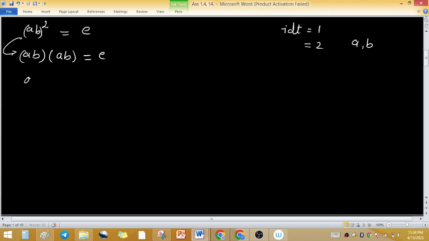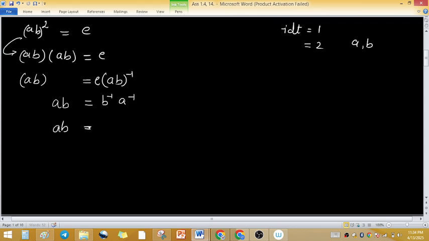Now, because B is an element, you can post multiply by B inverse, then by A inverse. After post multiplying, you can see on my screen what we have on the left hand side and right hand side. Now, by the socks-shoes property, inverses come in reverse order. So B inverse, A inverse, and on the left hand side AB.